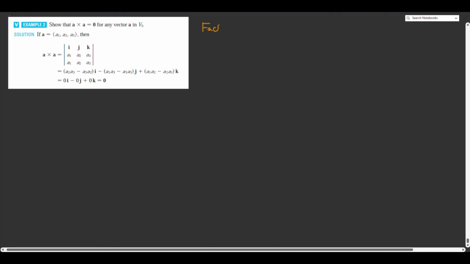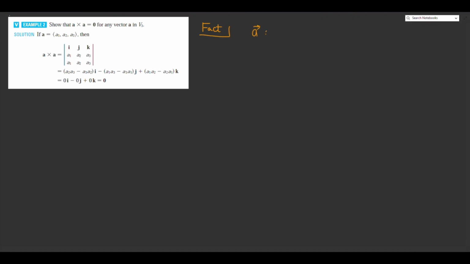So it means that when we find the cross product of a vector with itself, the answer is always 0. This is a theorem, or you can say it is a fact you need to remember. Whenever we take the cross product of a vector with itself, we get 0, and this is a 0 vector.